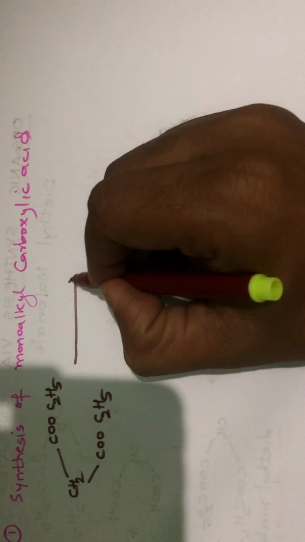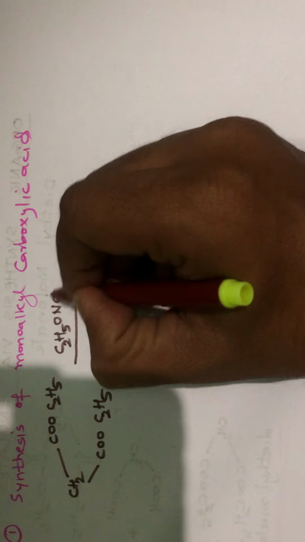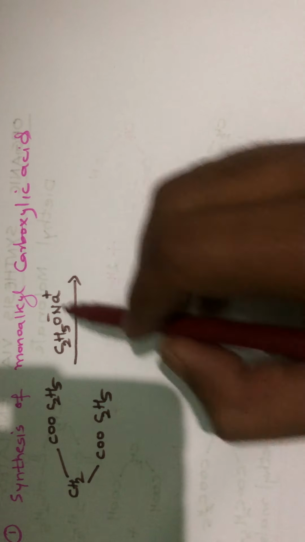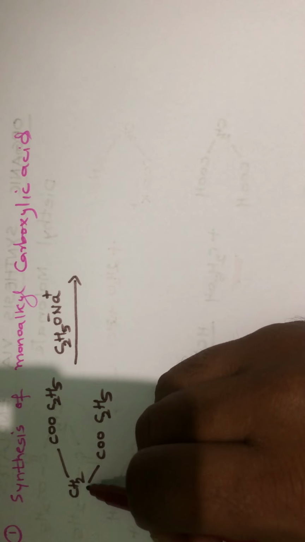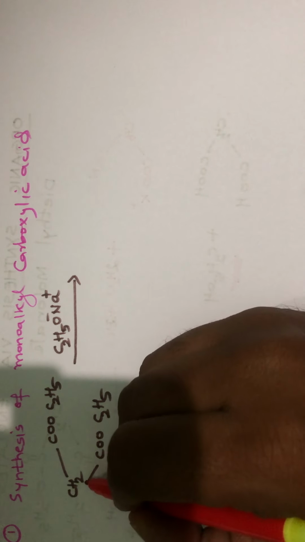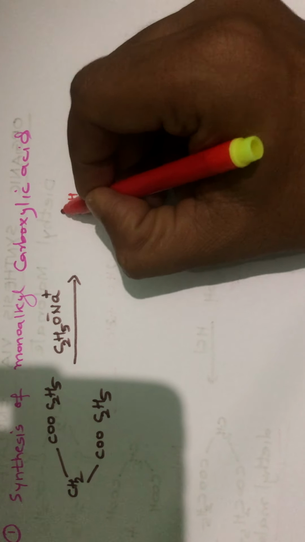This is treated with sodium ethoxide. The sodium ethoxide removes this proton because this proton is acidic in nature. So the proton is abstracted and a carbanion is generated.